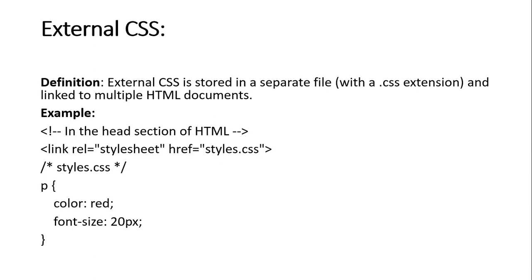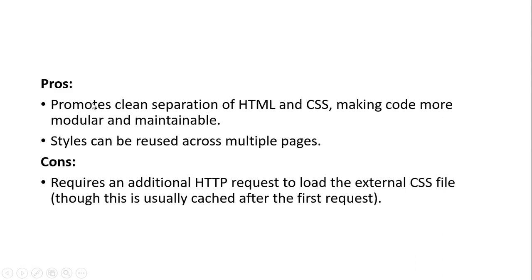For example, here I'm giving the link with rel equal to, within double quotes, stylesheet. And I have given a file here with the name styles.css. Within this, I'm declaring the color and the font size. The color will be red and the font size will be 20px.